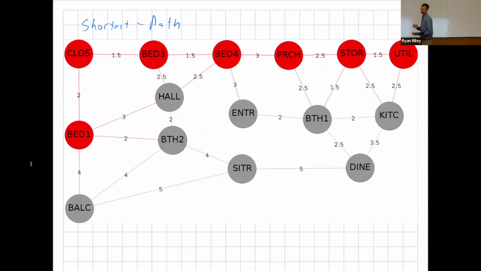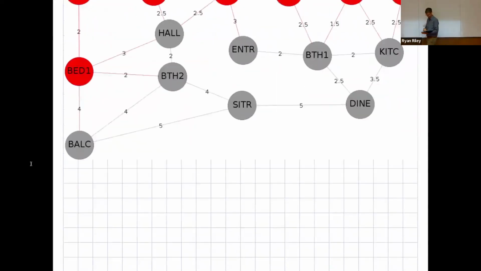If I want to know the shortest path from utility to somewhere, I really need to find the shortest path from utility to everywhere, and then from that, get out the final answer that I want. I'm going to find the shortest path from a particular node to every other node in the graph. And once I'm done with that, then I can pick out the individual destination that I want.